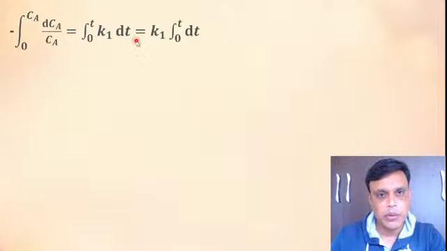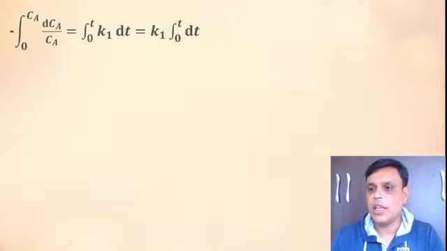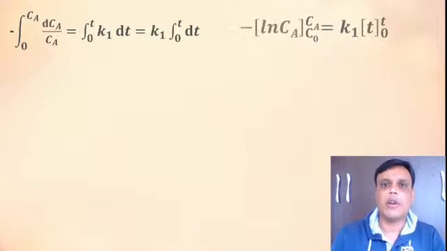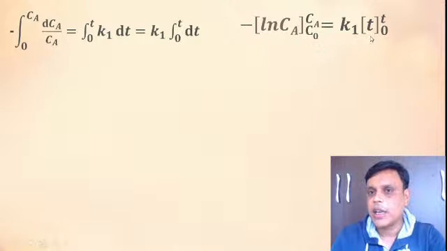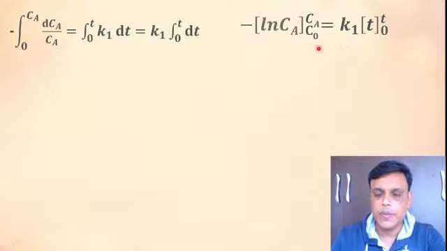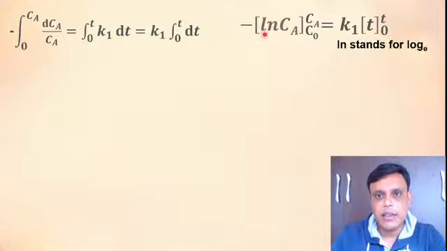It gives K1 integration 0 to t dt. If you solve this, minus ln CA from C0 to CA is equal to K1 t from 0 to t. This is the limit for concentration, and 0 to t is the limit for time. Then here this ln term is there.